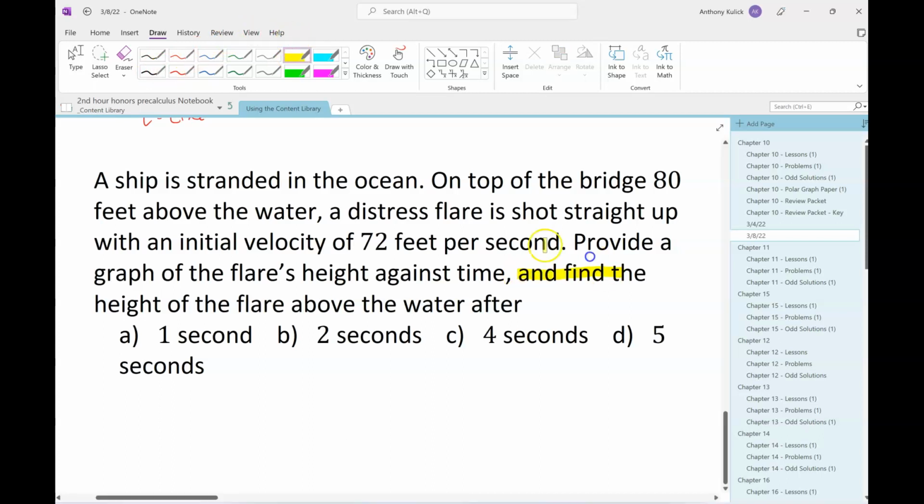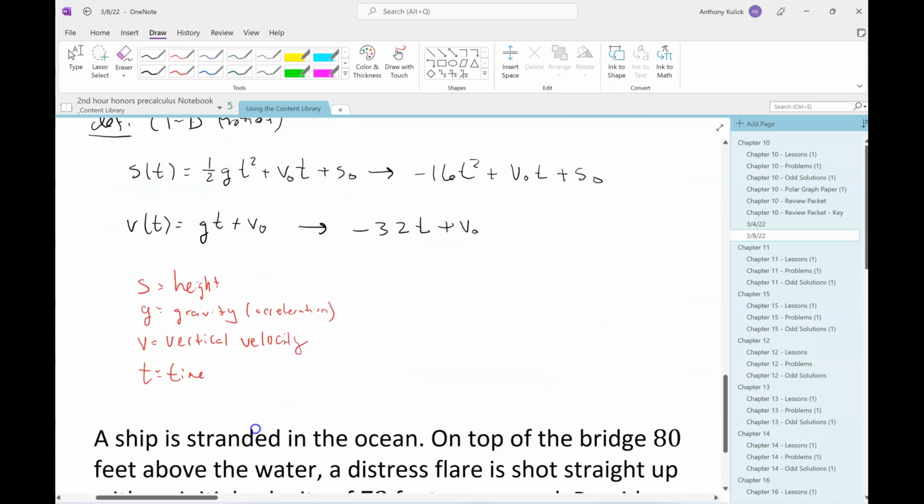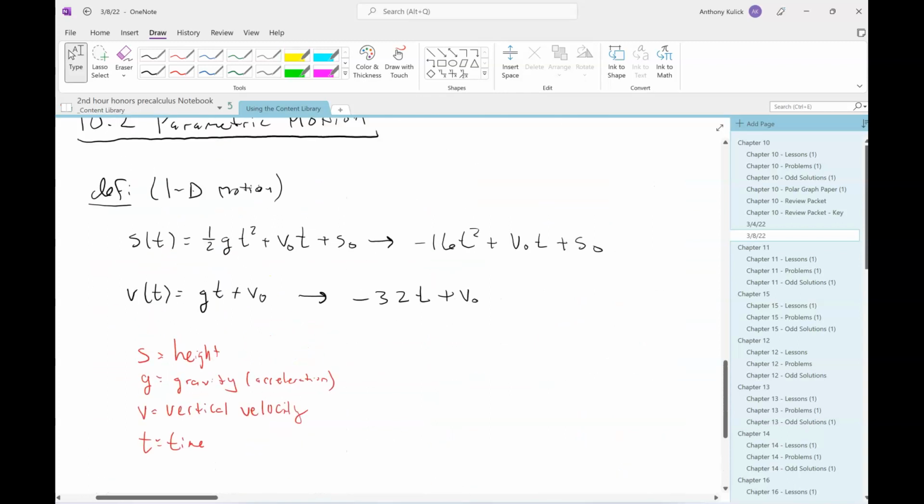So I want to find the height of the flare above the water. If I look at the previous two functions, which one do I want? I want the first one, which is a function for height.